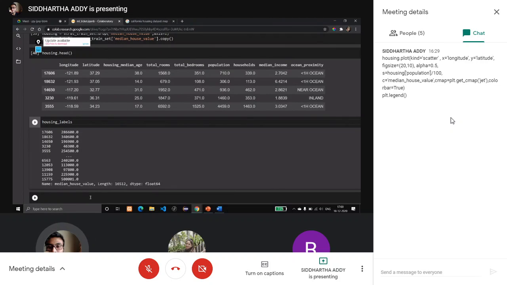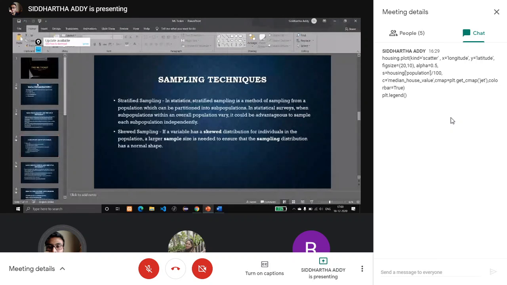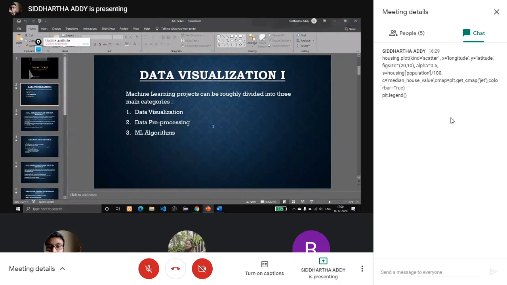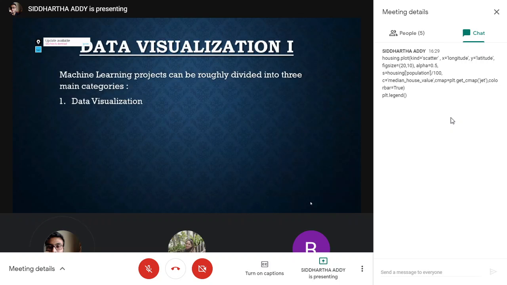Till now, we are done with our visualization part. You remember the first slide, that our machine learning projects are divided into 3 main categories: data visualization, data pre-processing, and ML algorithms.